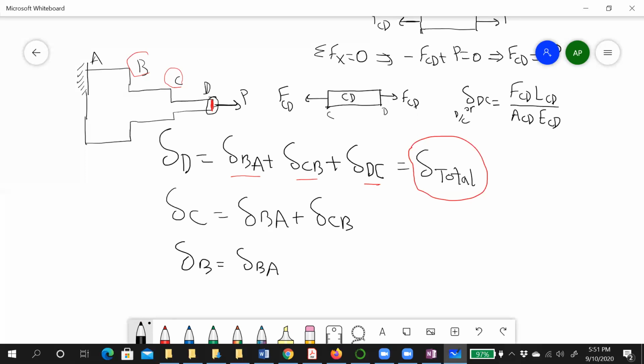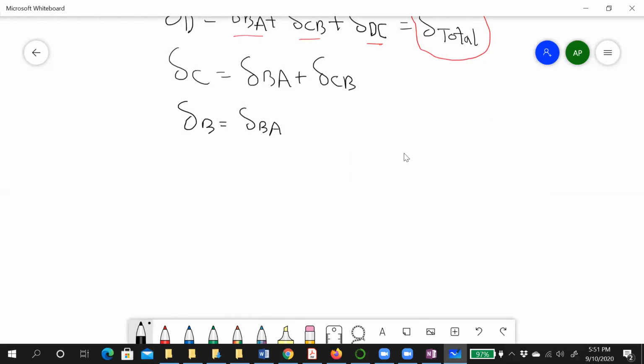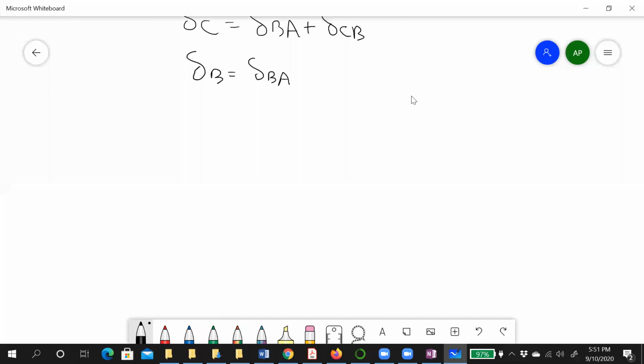Yeah, it makes sense. So, okay, let's go to the example with several forces. If no question, let's go to the example.